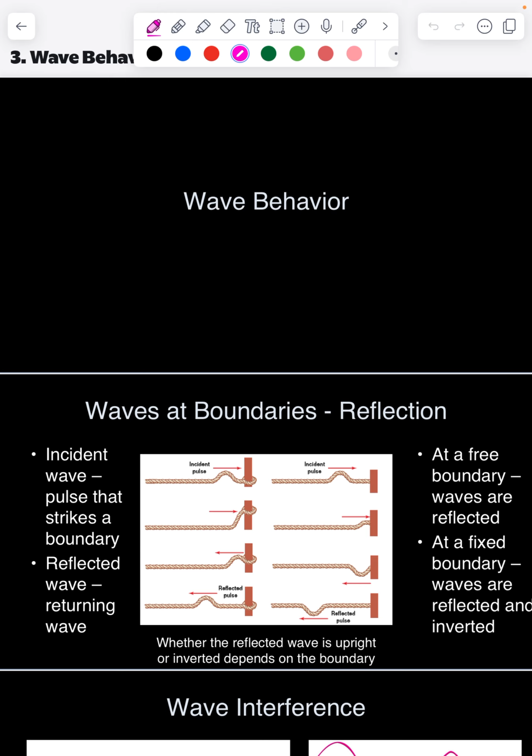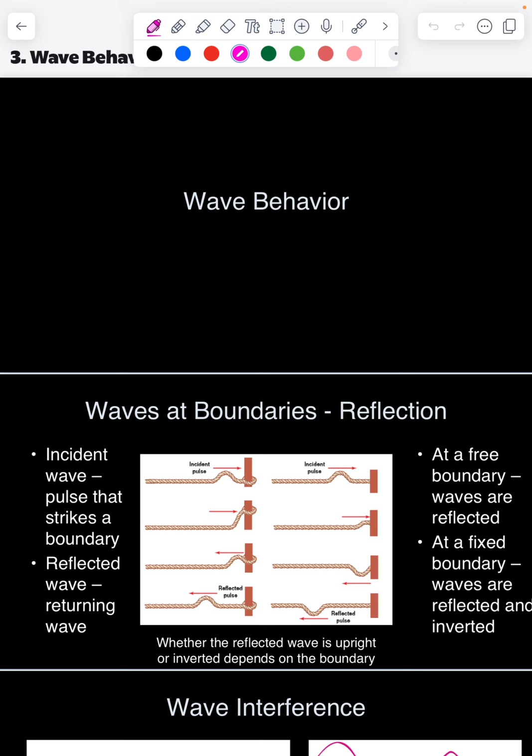But remember that the wave speed is constant for mechanical waves in any given medium. It's not the frequency and wavelength that determine the wave speed, it's the medium that the wave is traveling through. So that's just catching us up from our last set of notes.